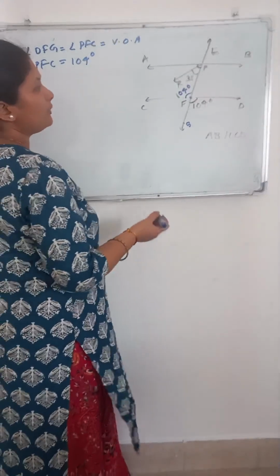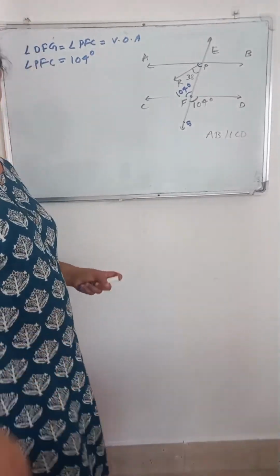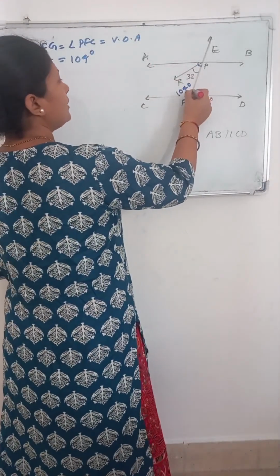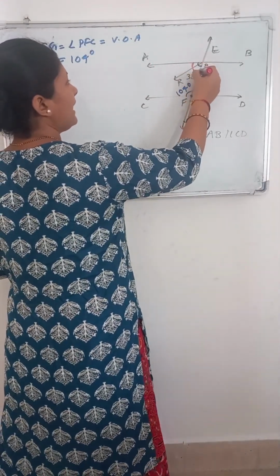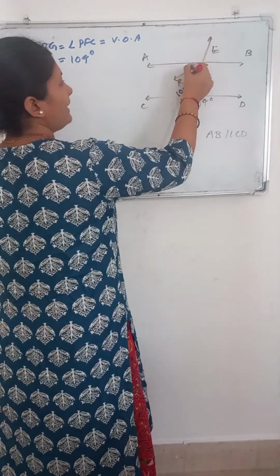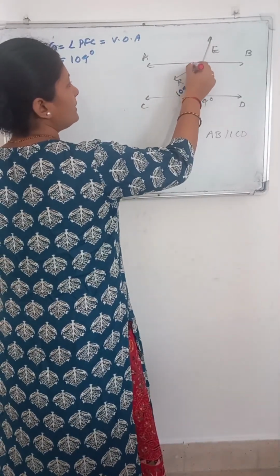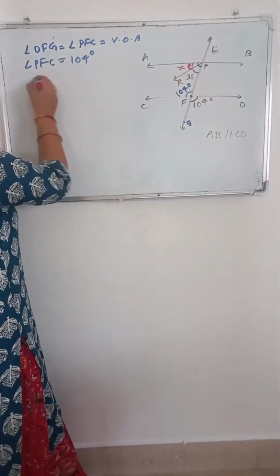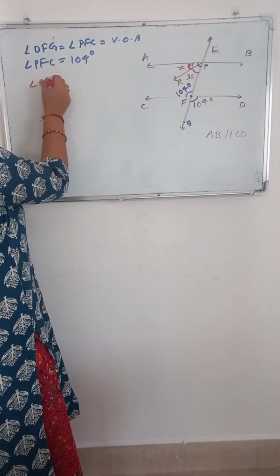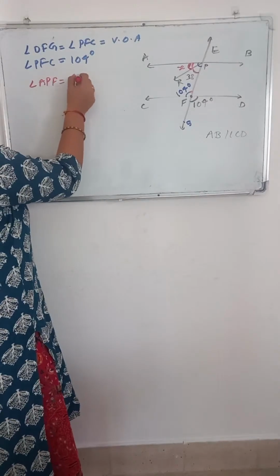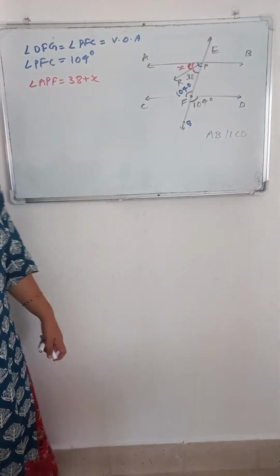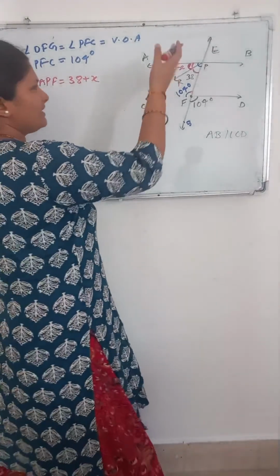So we have to consider this entire angle. Suppose I take this small value as x, then this entire angle APF will become 38 plus x, because RP is an angle bisector, so it bisects the angle.